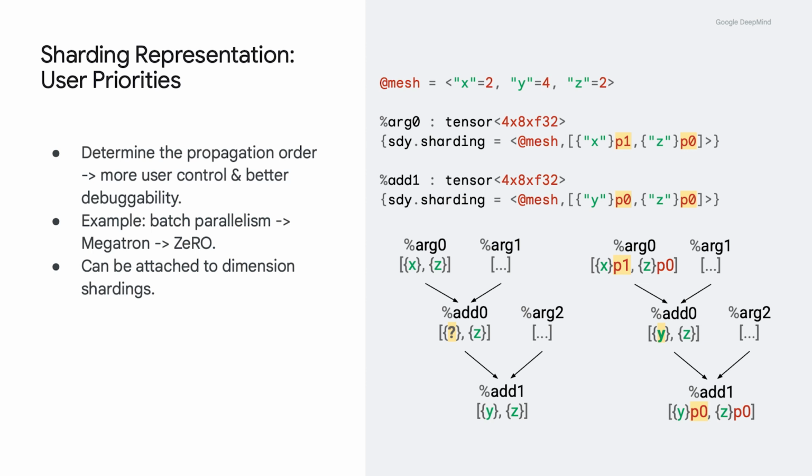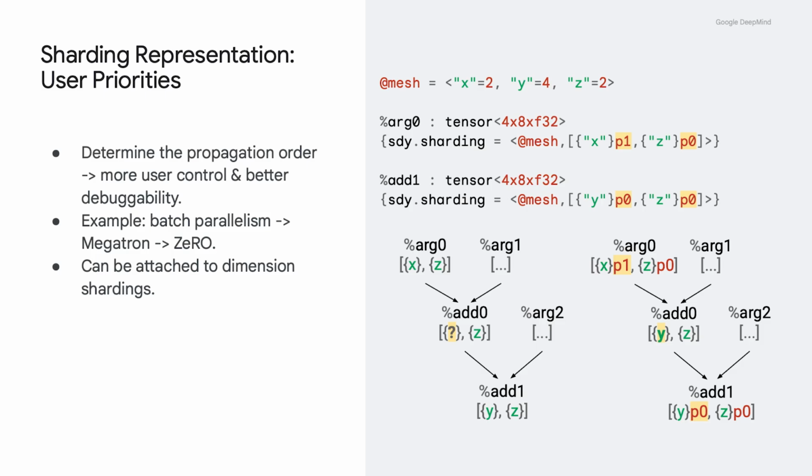Another powerful tool is user priorities. In GSPMD we used several heuristic methods to resolve conflicts, and it was very difficult to demonstrate this functionality to the users. Now users can use priorities to specify the propagation schedule on their end.